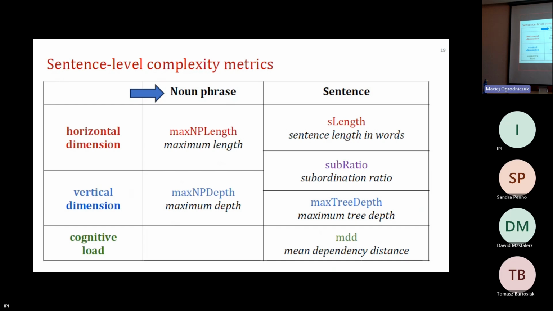The depth means how many embeddings within that noun phrase there are. Could be prepositional phrases, could be genitive attributes, could be even relative clauses, of course, including all more embedded relative clauses within that NP. So we do not make the difference in categories within that NP.